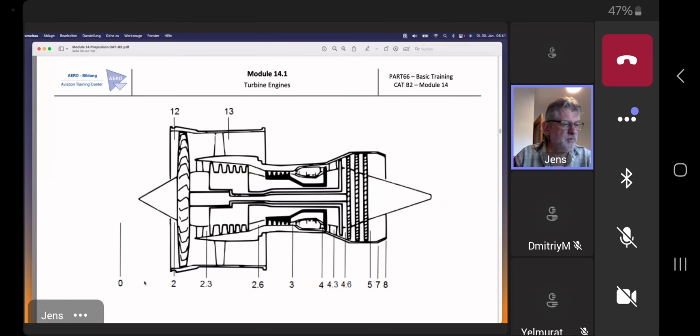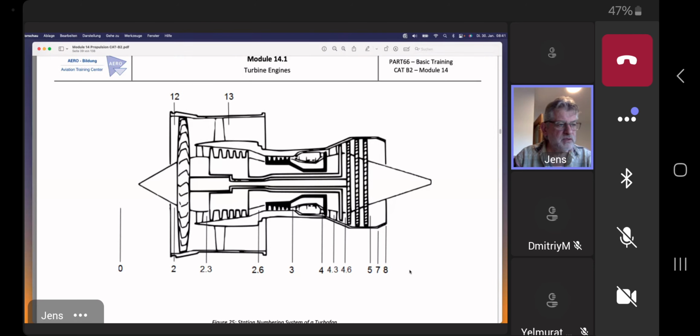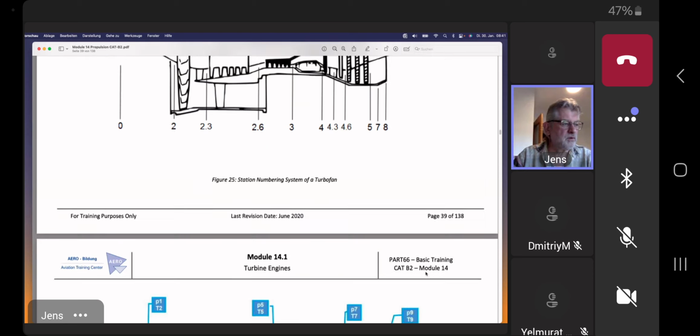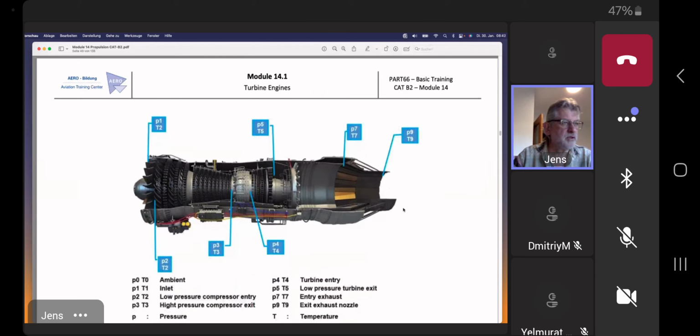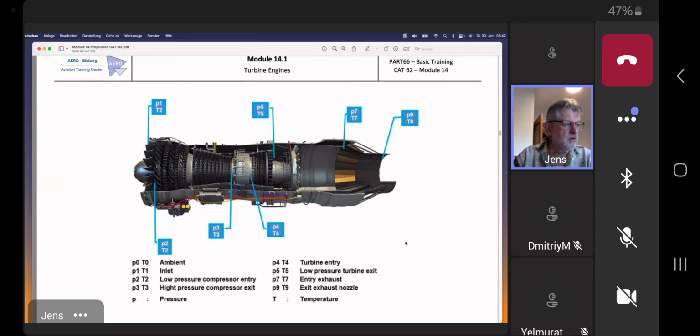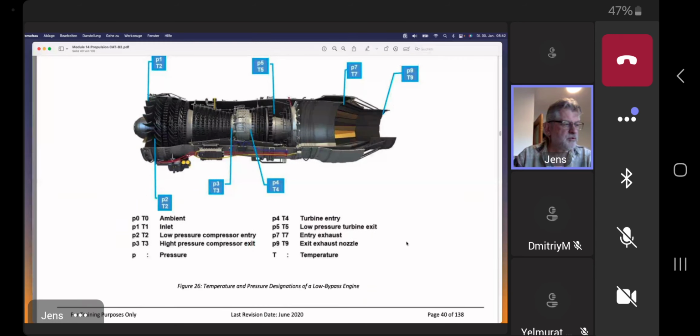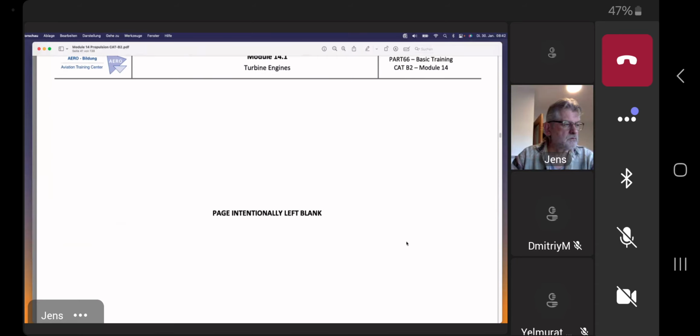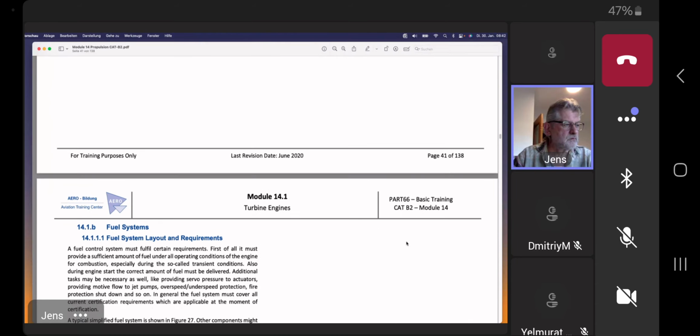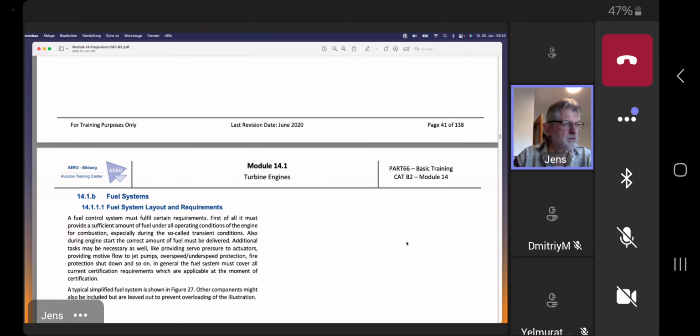Zero is ambient. There's 9 because normally it goes on to include the afterburner, but this is not our issue here. Engine stations. Here you see 9, which is okay.